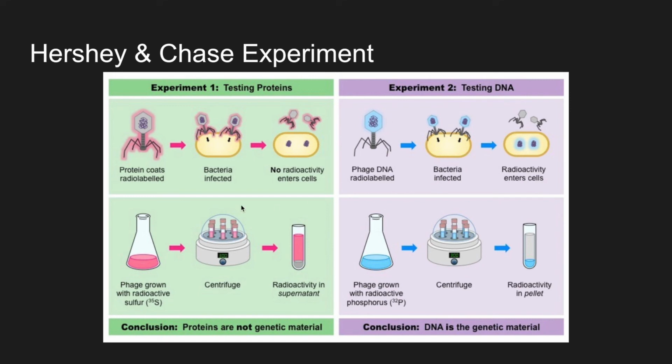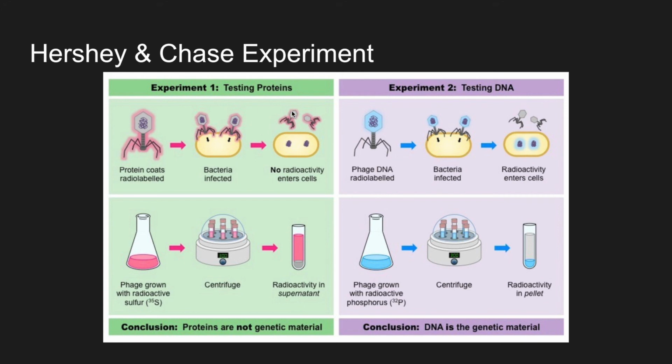and they let the viruses infect the bacteria cells, and then they let them separate out. And what they would do is they would centrifuge it to separate whatever was outside in the extracellular fluid and what was inside the cell, right? So then in this case, the DNA is injected in, right?